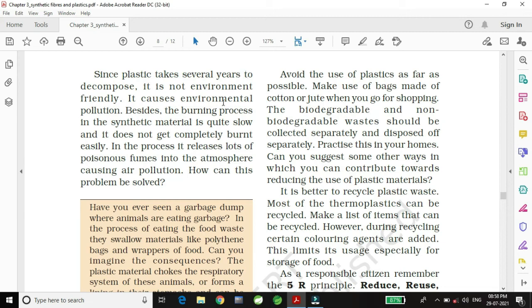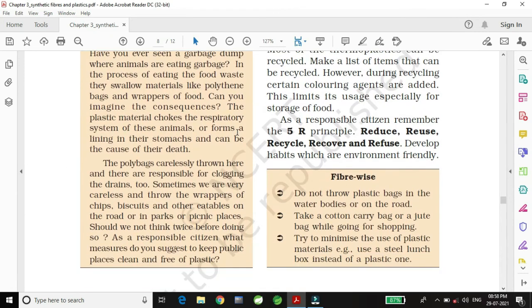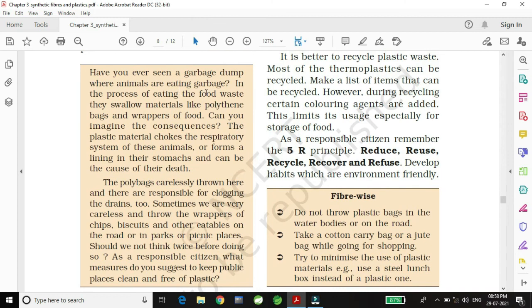So let's see. Have you ever seen a garbage dump where animals are eating garbage? In the process of eating the food waste, they swallow materials like polythene bags and wrappers of foods. Can you imagine the consequences? The plastic materials choke the respiratory system of these animals or form a lining in their stomachs and can be the cause of their death.